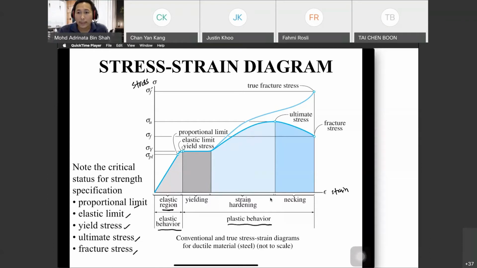From that, we know our material is in the plastic region. In plastic behavior, we have yield, strain hardening and necking. So normally we have 4 regions in our stress strain diagram.